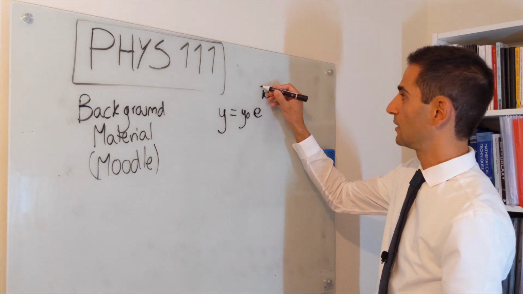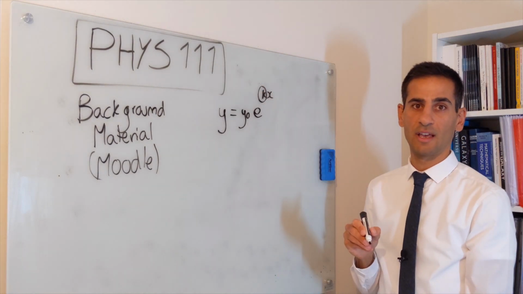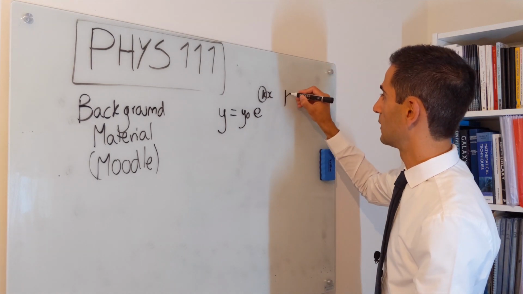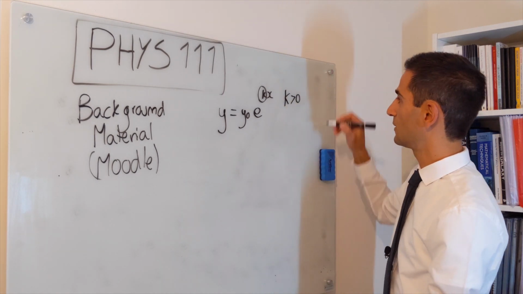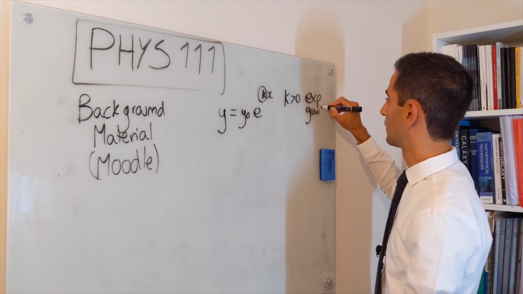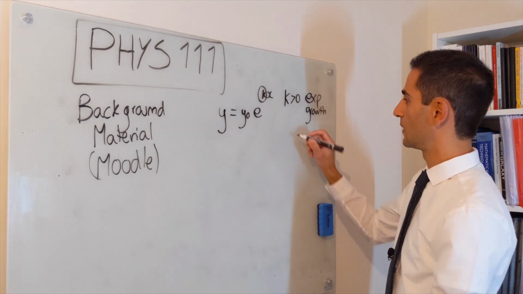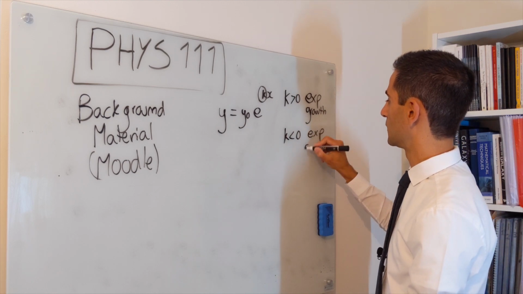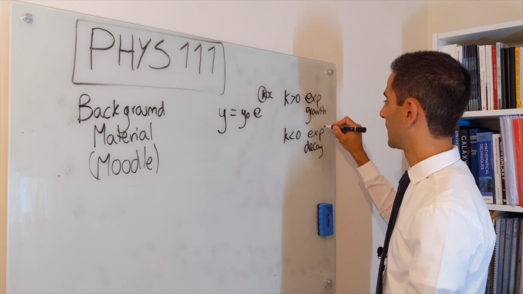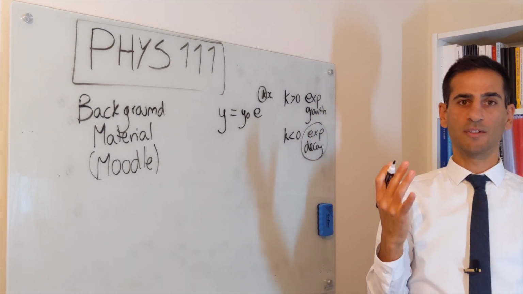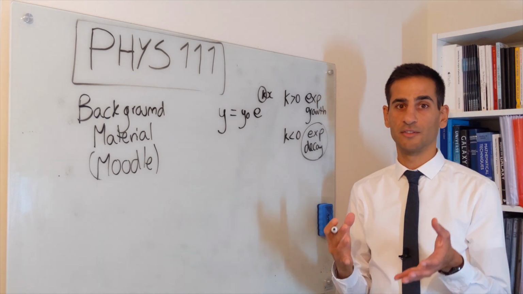Typically we use this k or r rate, whatever you want, and when k is higher than 0 we have exponential growth, and whenever k is below 0 we have exponential decay. This is crucial, for example, to describe radioactive decay.